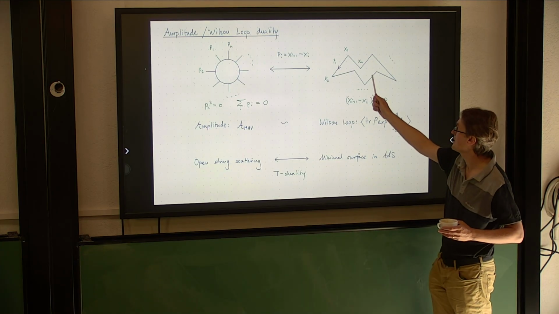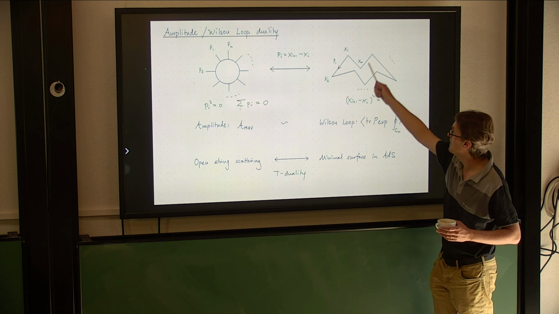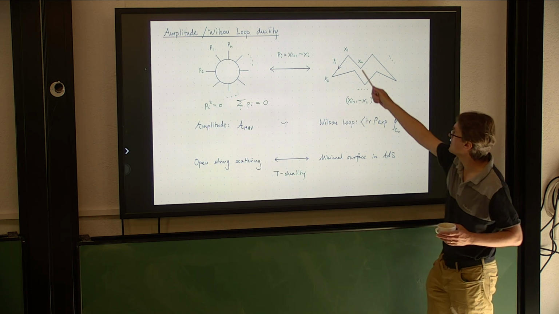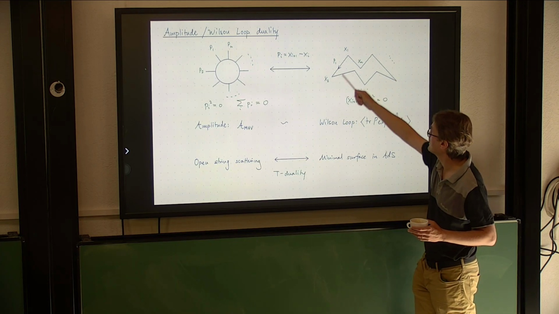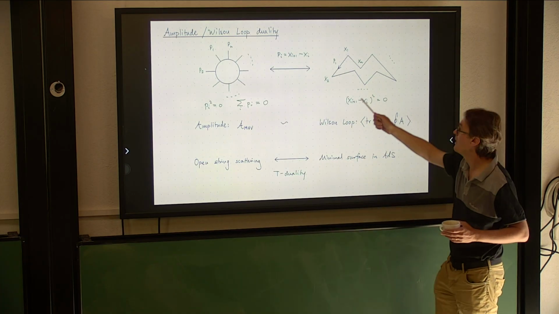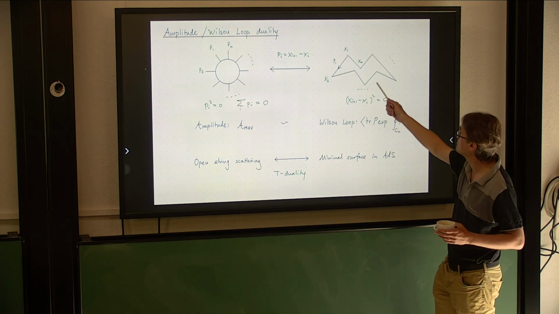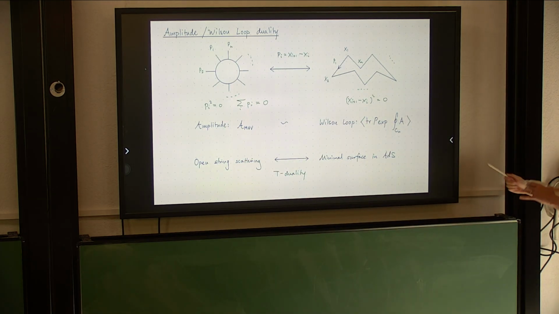Okay, so kinematically, simply by this change of coordinates, I can rewrite this as a polygonal contour. I take each edge, I put the edges end to end, and I close my contour due to momentum conservation. And each edge is null because each of the momenta was null. So you get this piecewise light-like contour as you go around.